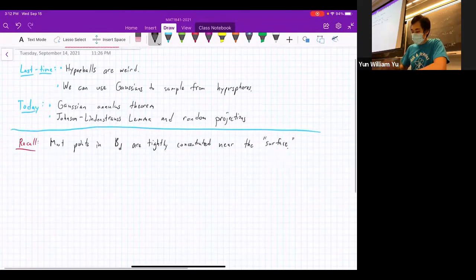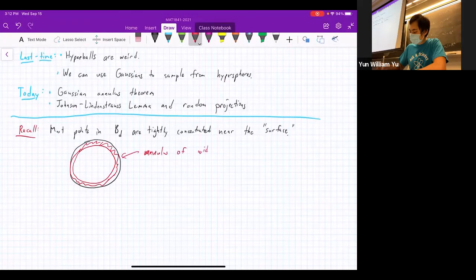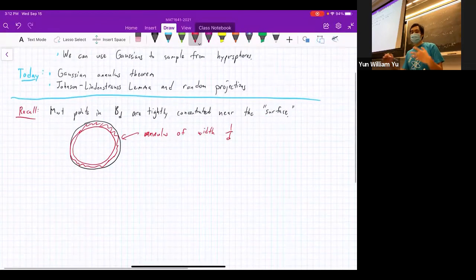The way we drew this, in 2D, is we have some sphere, and then an annulus of width 1 over d. We proved that half of the mass of a hyperball is contained in that annulus. So now the question is, can we say something similar about spherical Gaussians?